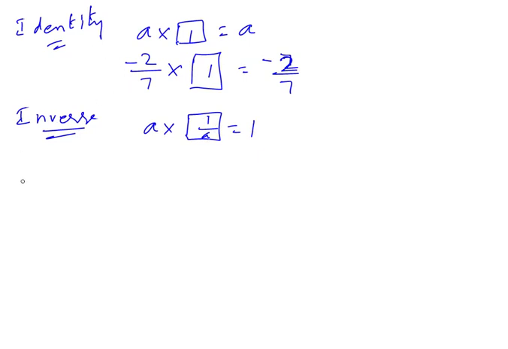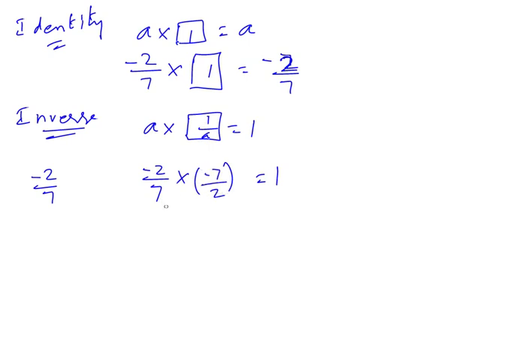Suppose we take a rational number minus 2 by 7. With this, what do we multiply to get the identity? So we have to write the inverse. Inverse means we need to write this A as 1 by A. So this minus 2 by 7 we can write as minus 7 by 2.